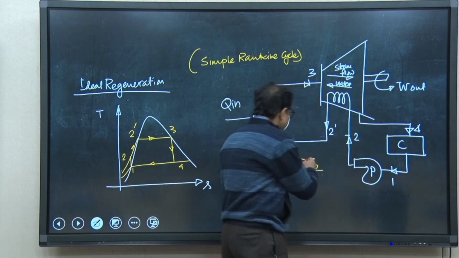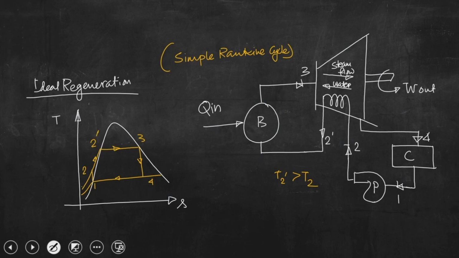So, this amount of heat, that is T2 prime minus T2, will definitely come from the expansion of steam, rather the enthalpy of the steam. While the steam is expanding, the steam temperature should drop up to this point inside the turbine itself. We really do not know, maybe this is 4, I am calling this the 3 prime.